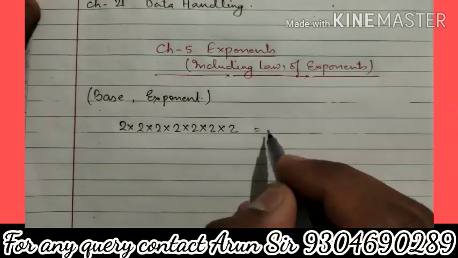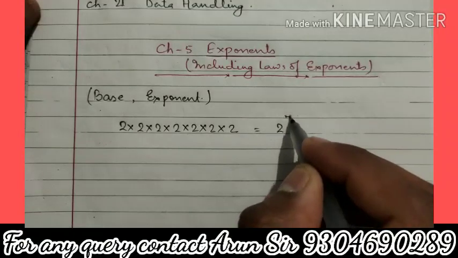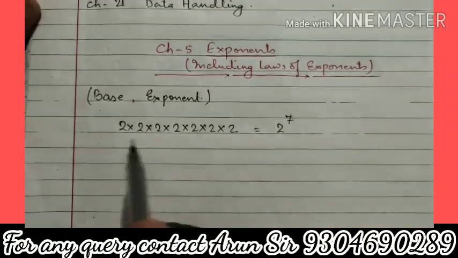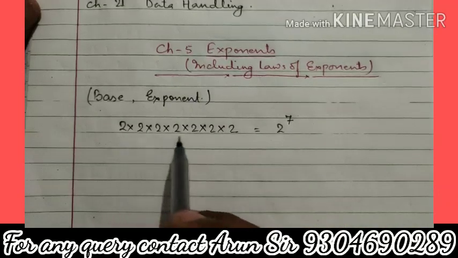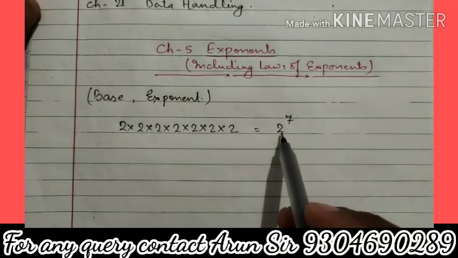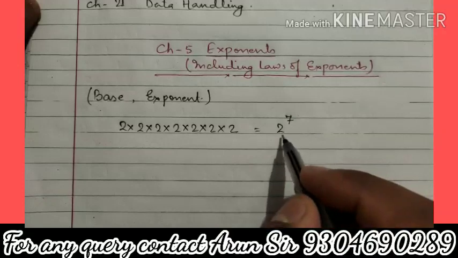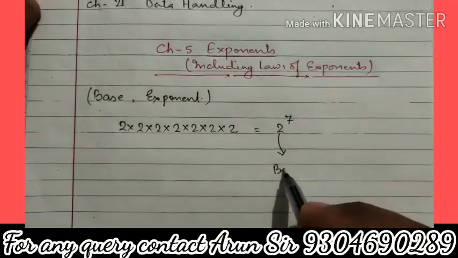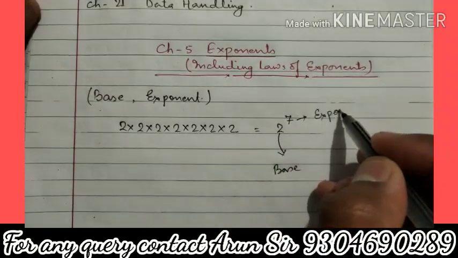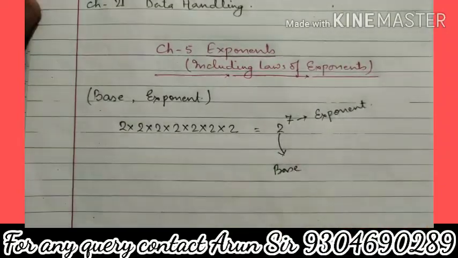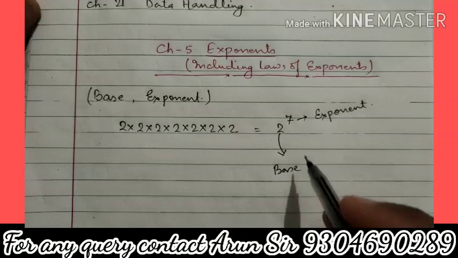Now how can we write it? 2 raised to the power 7. We can write this statement as 2 to the power 7. Here this 2 will be called the base and this 7 will be called the exponent, or you can say power or index also.